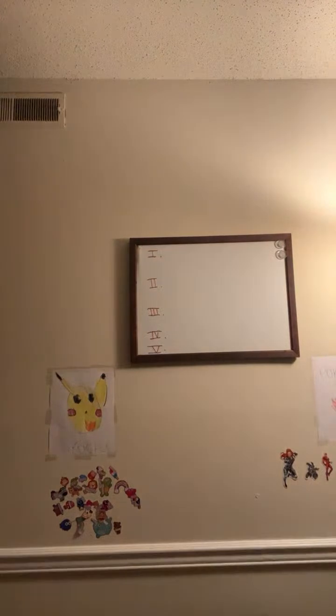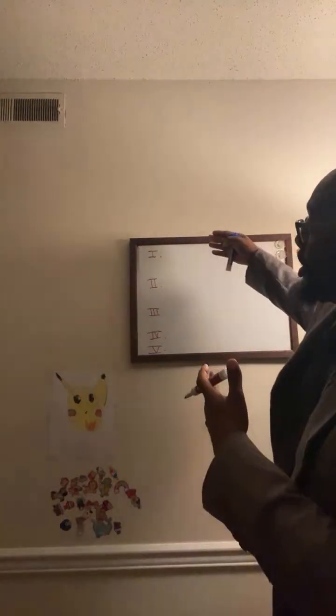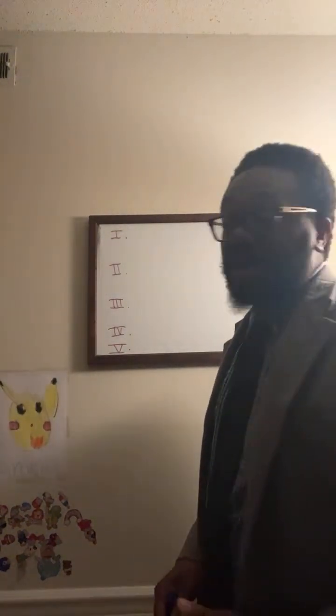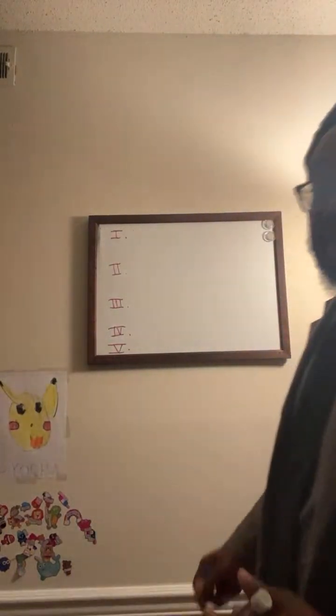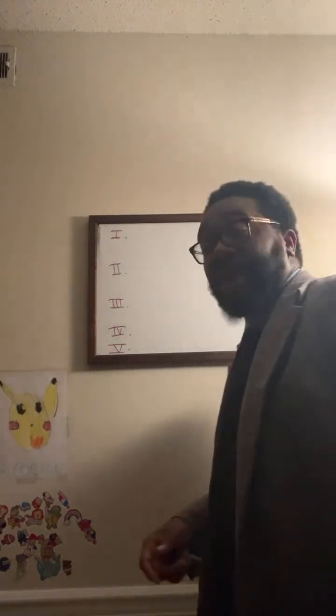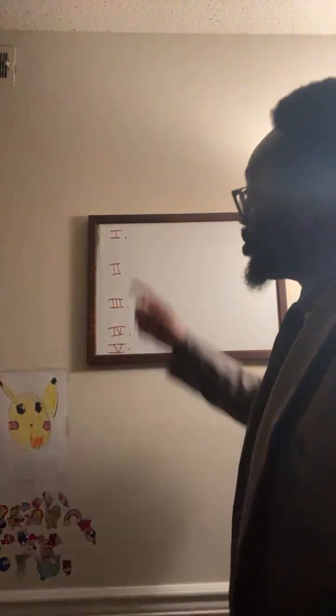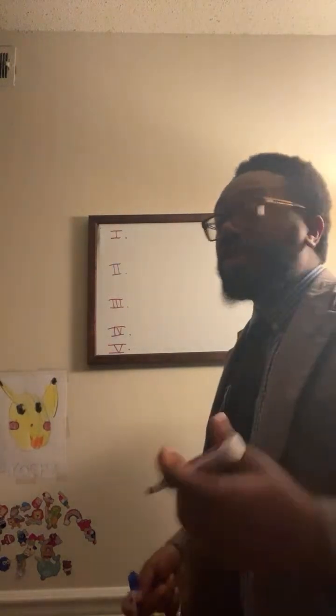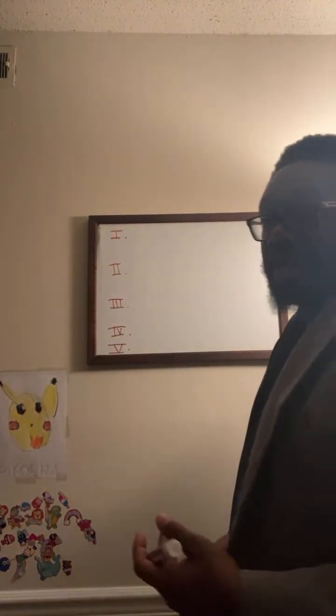I'm going to connect the dots on using an outline as a pre-writing tool when writing a 5-paragraph essay. Using an outline, that's what these Roman numerals are for, as a pre-writing strategy. And remember, pre means before writing the essay.